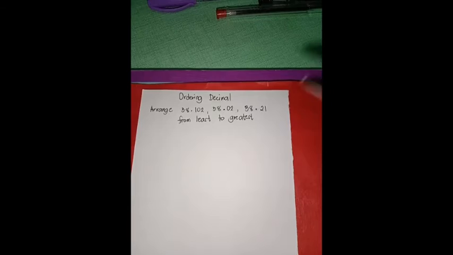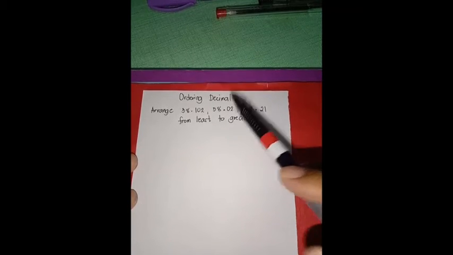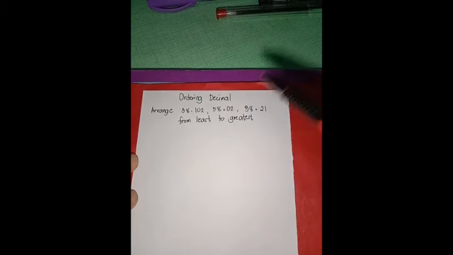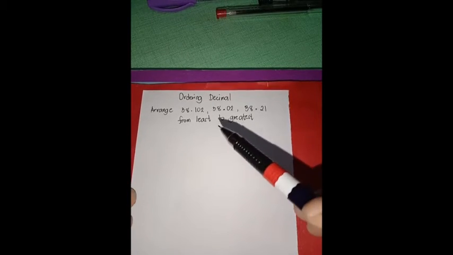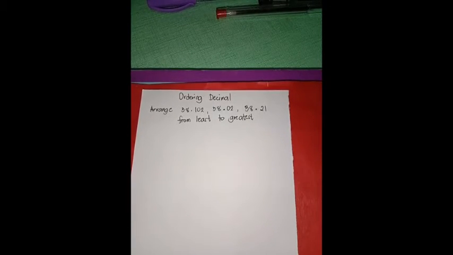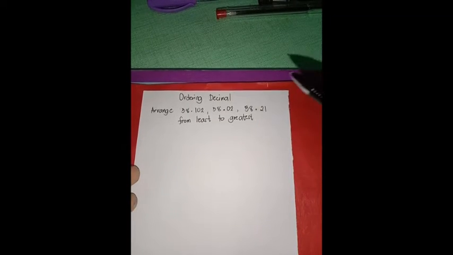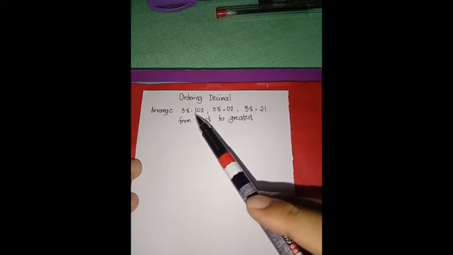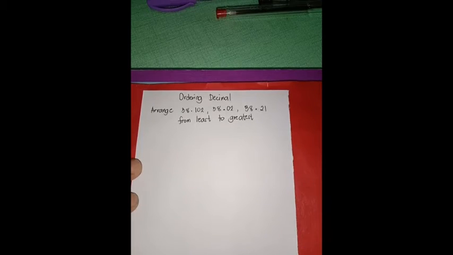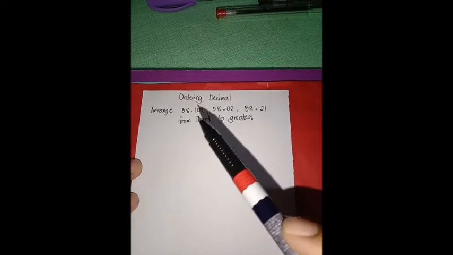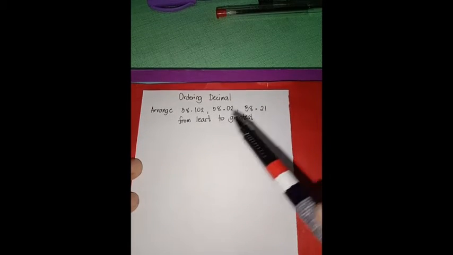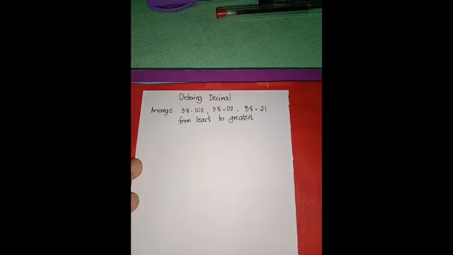Okay, so let's proceed to ordering decimals. In ordering decimals, we arrange either from least to greatest or from greatest to least. For example, we have here given decimal numbers, and the question is to arrange the decimal numbers from least to greatest.